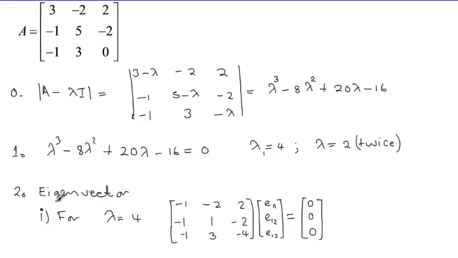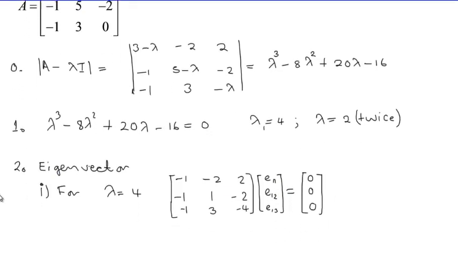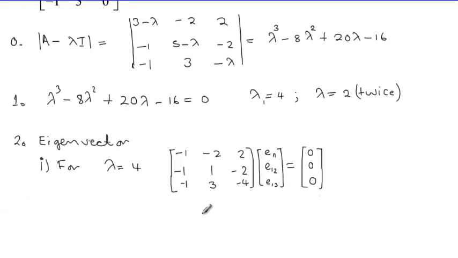Okay, so the next thing is to now take the equivalent system of equations, which is minus E11 minus 2E12 plus 2E13 equals 0, then minus E11 plus E12 minus 2E13 equals 0.